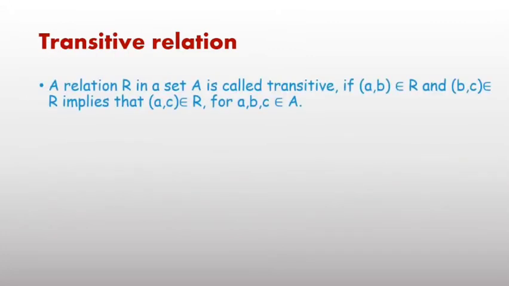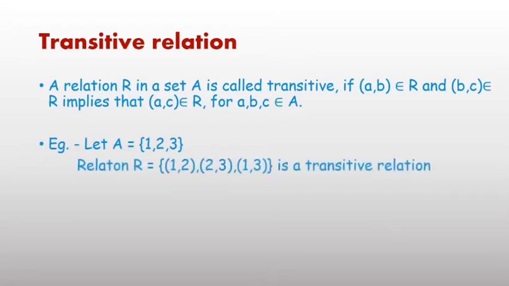Transitive relation. If (a, b) and (b, c) belong in R, implies that (a, c) also belongs in R, for a, b, c belongs in set A, then we can say relation R is a transitive relation.